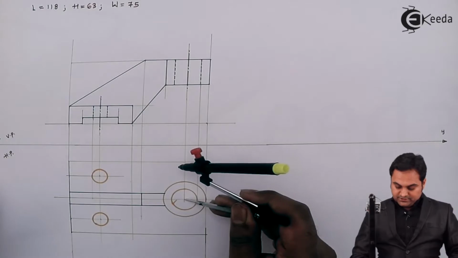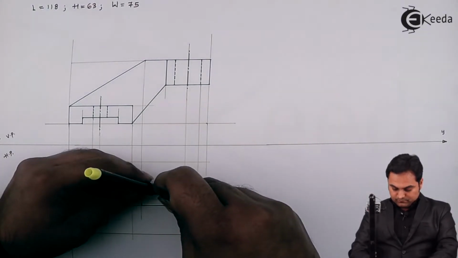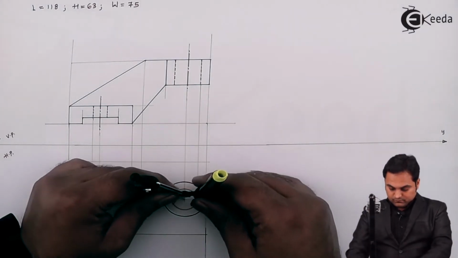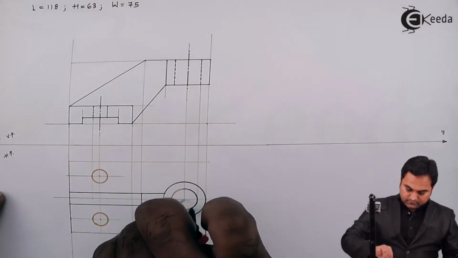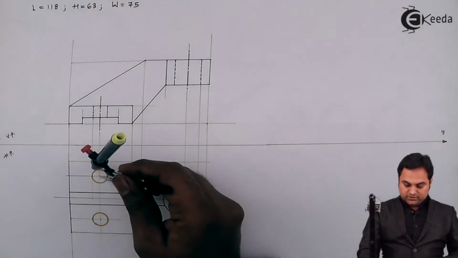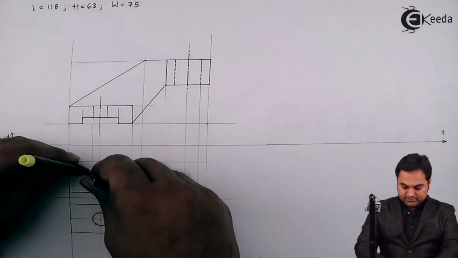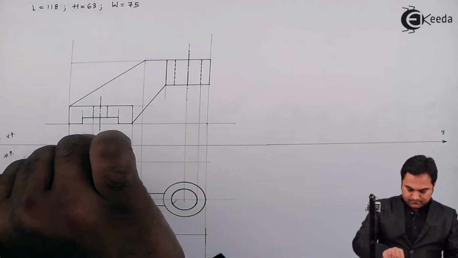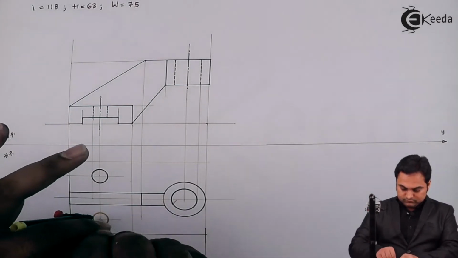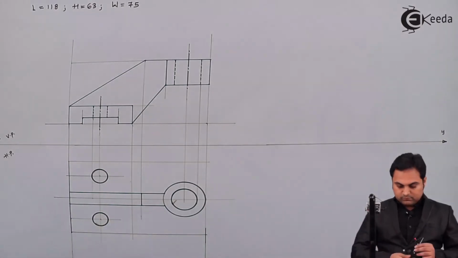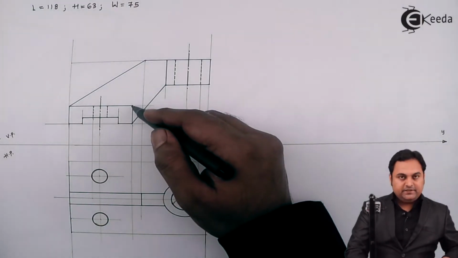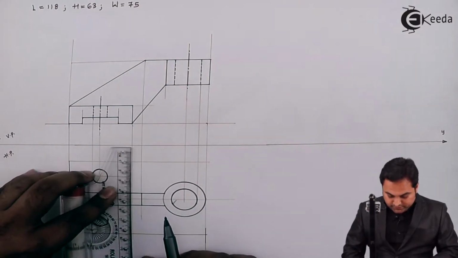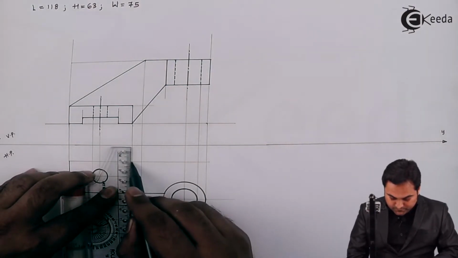Next, making these circles dark. These small circles also I'll make them dark. Then this plate, which is looking like a line in the front view, that will also be visible.